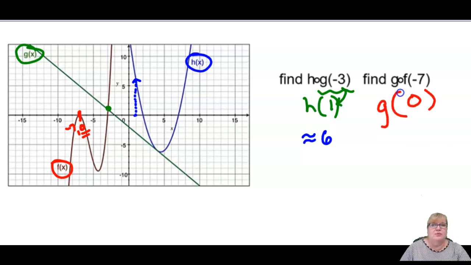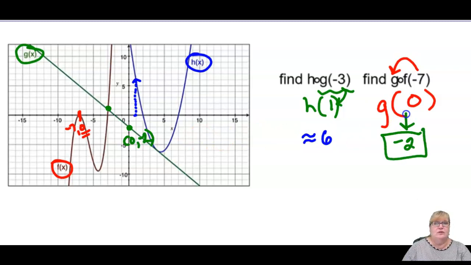So now I'm putting that value into g. And g is this line right here. And I need the x value to be 0. Well, this ordered pair is 0, -2. So there the x is 0 and the output is -2.